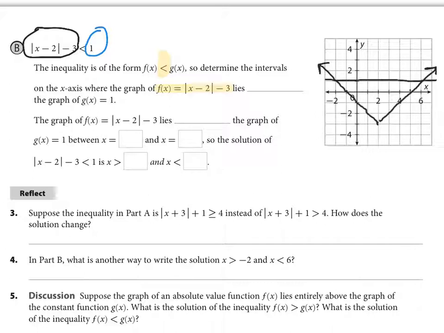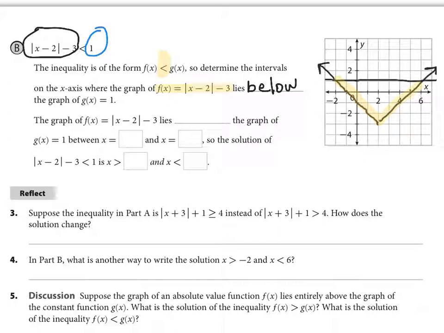That means we're going to be looking for the part of the graph that lies below g of x equals 1. Now where does it lie below? Let's highlight it. This is the area where our absolute value function lies below g of x equals 1.